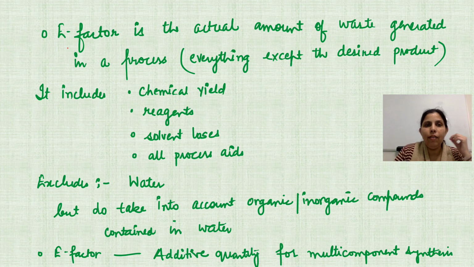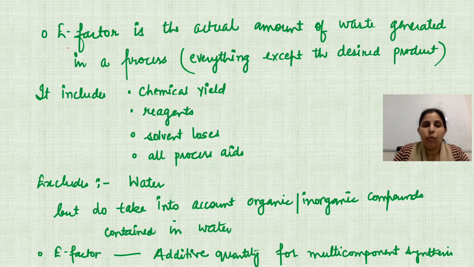E-factor is the actual amount of waste generated in a process. It includes the chemical yield, the reagents, the solvent losses, and all other process aids. It excludes water, because if we include water also, then the E-factors become quite large.